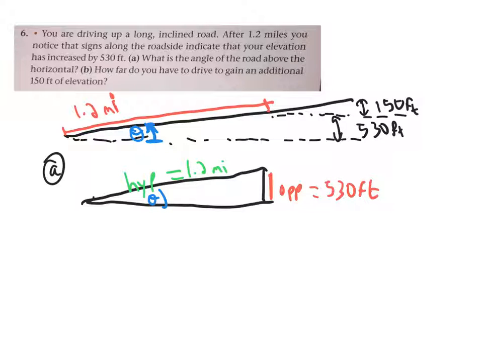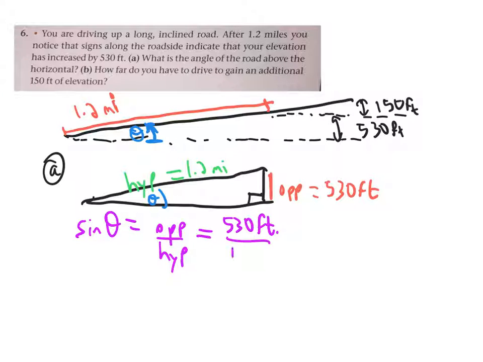And by construction, heights of elevation are always perpendicular to the horizontal, so we have a right triangle, which is good because otherwise our trig is kind of messy. And then we say, in a right triangle, the sine of the angle is the opposite over the hypotenuse. So the sine of our angle is 530 feet over 1.2 miles.